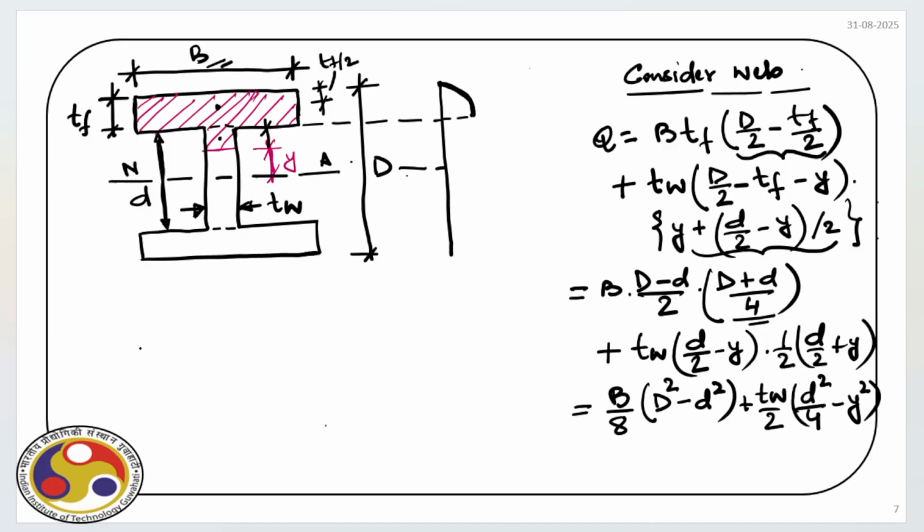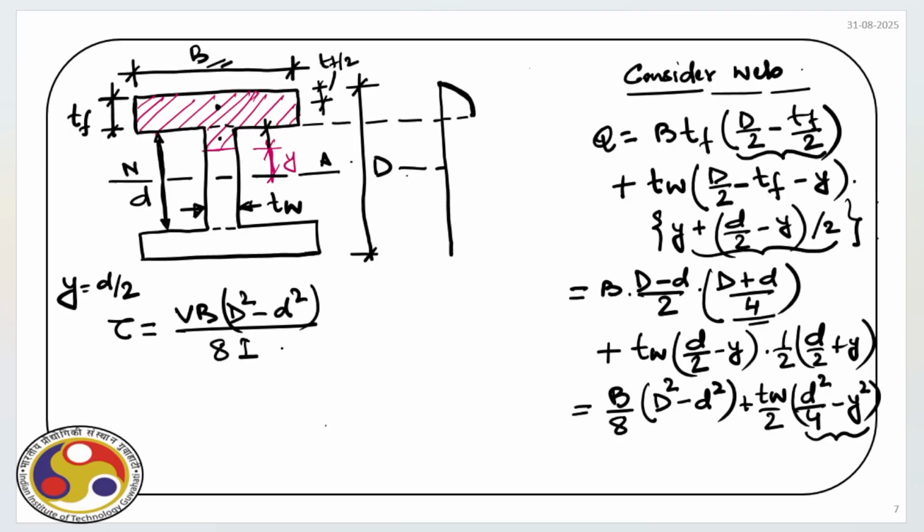For that, let us consider y is equal to d by 2. Now at d by 2, obviously this part will be 0, and for that again we get the expression tau is equal to V times b times D square minus small d square divided by 8I times TW.